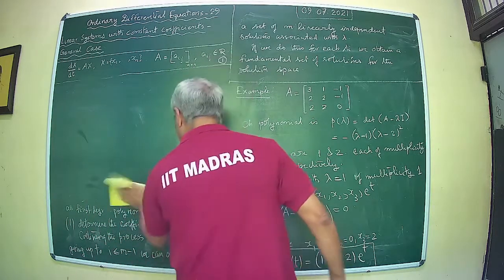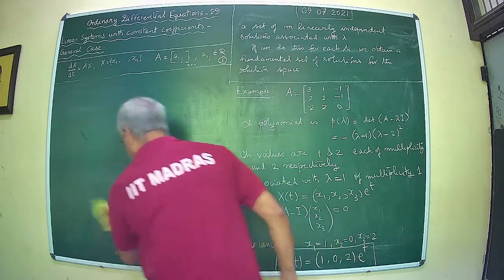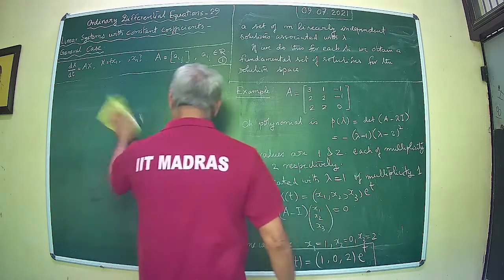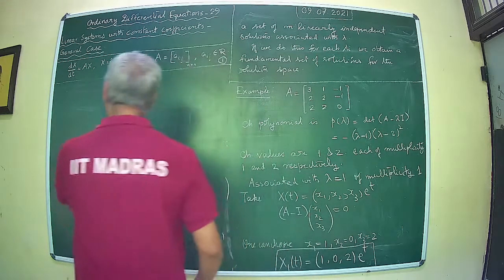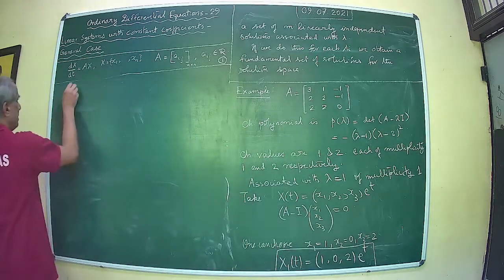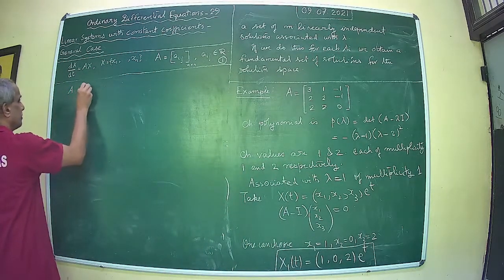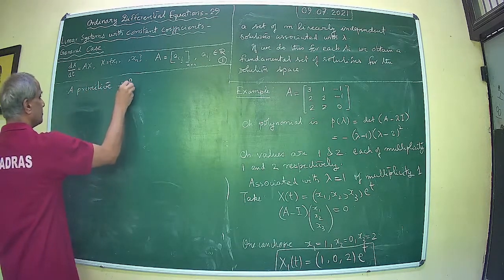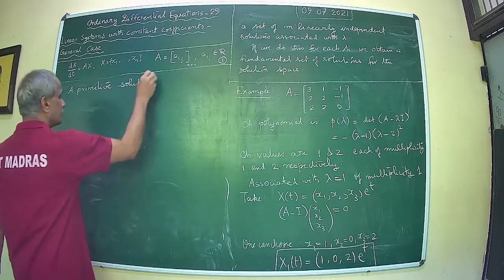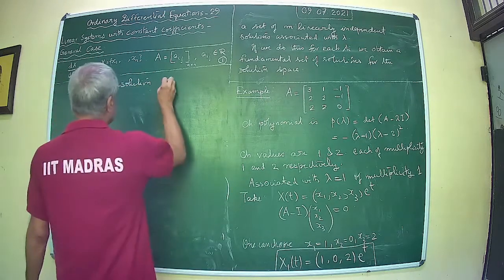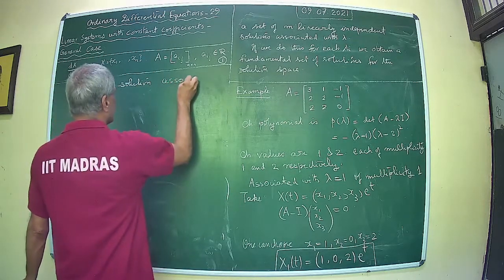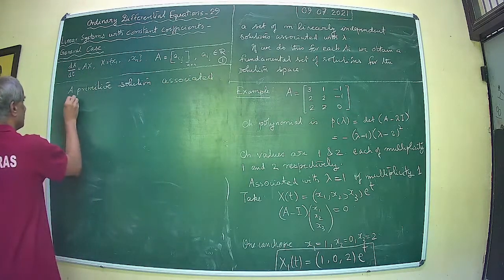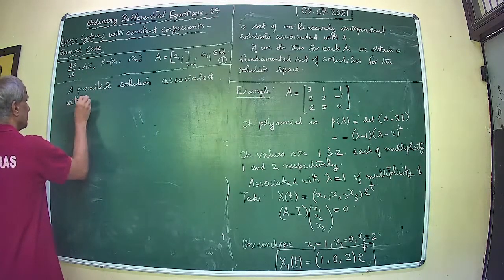From the general theory, we have a primitive solution associated with 2.